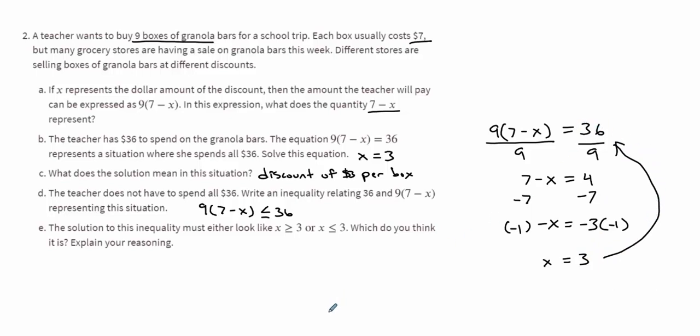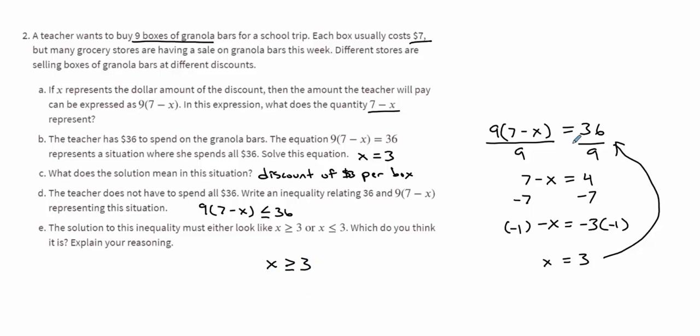But what if the discount is $4? That would be okay. If the discount is $5, that would be even better, right? She'd be spending less. So x has to be greater than or equal to 3.